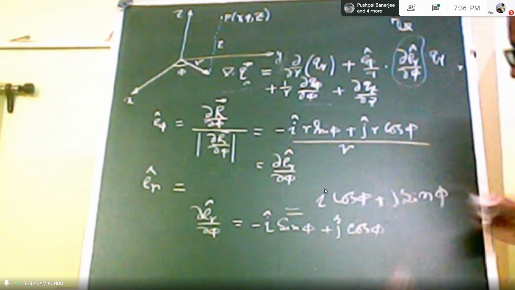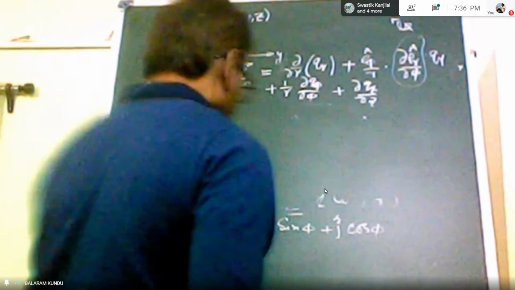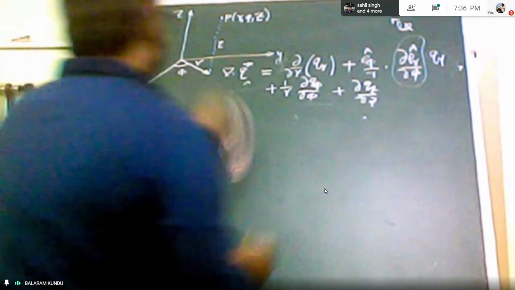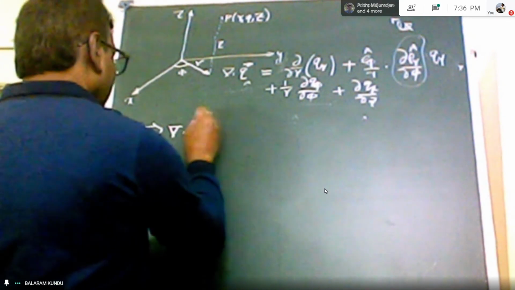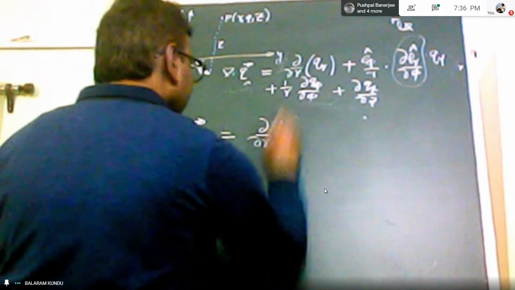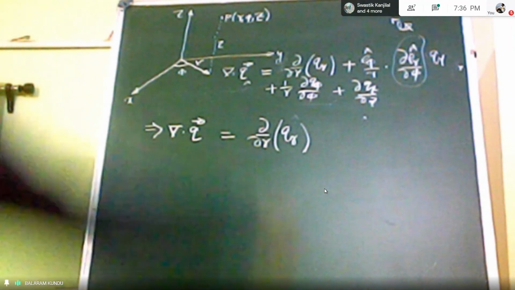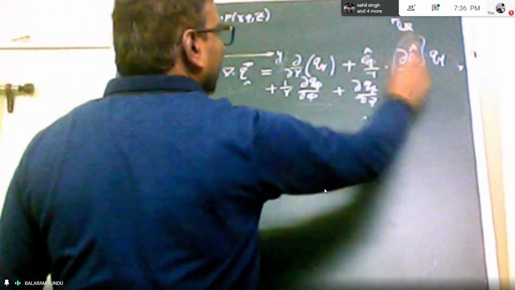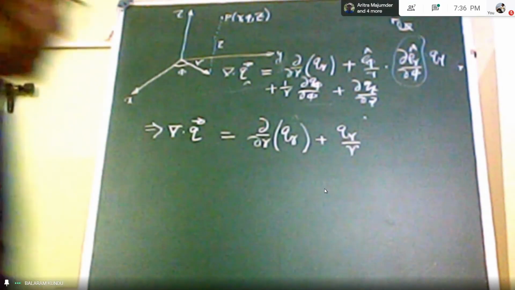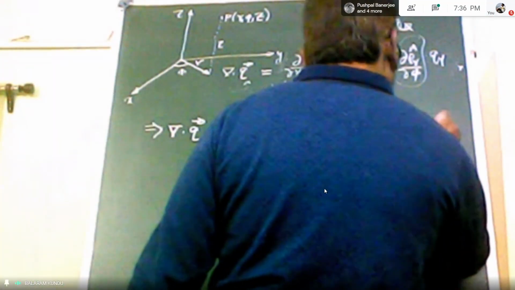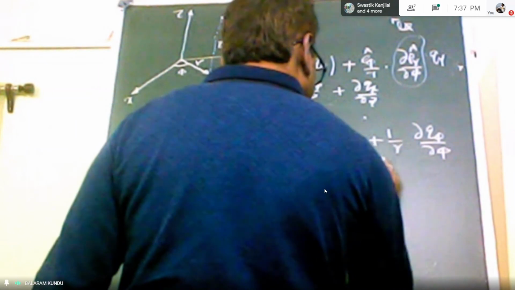So the final expression for grad dot q should be del by del r of q_r, plus E phi dot E phi, that is 1, so plus q_r by r, plus 1 by r del q_phi by del phi, plus del q_z by del z.